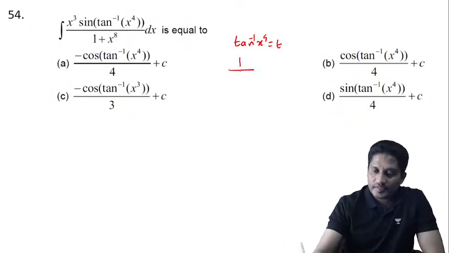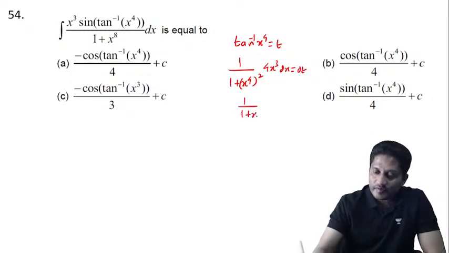Differentiation of tan inverse of x is 1 by 1 plus x power 4 the whole square, and differentiation of x power 4 is 4x cube dx is equal to dt, times 1 by 1 plus x to the power of 8. Okay, and then you get x cube dx equal to dt by 4.